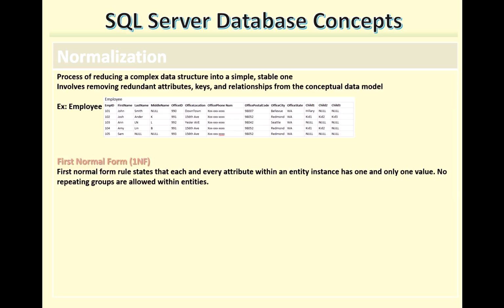Okay. So now we will talk about normalization. Normalization is an important concept in terms of SQL Server database. So what does normalization do? Normalization is a process of reducing a complex data structure into simple, stable structures.